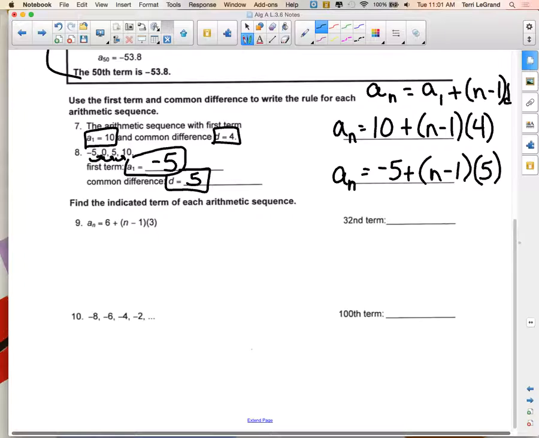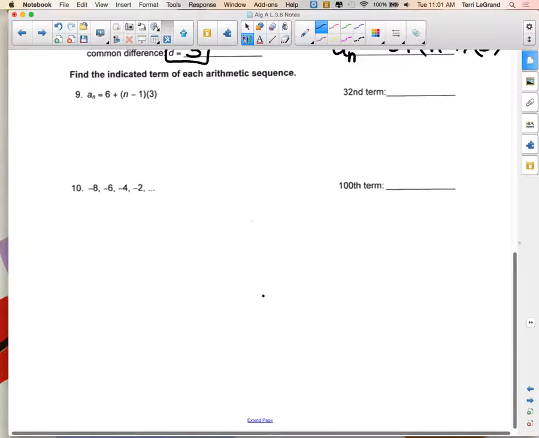Once we know what term number we're going to have to find, we'll replace those n's with that term number. Okay, so that's just practicing writing the rule. So when they ask you to write the rule, that's what they're asking you to do. Anybody have any questions? Okay, then let's go do some finding the indicated term, the given term.